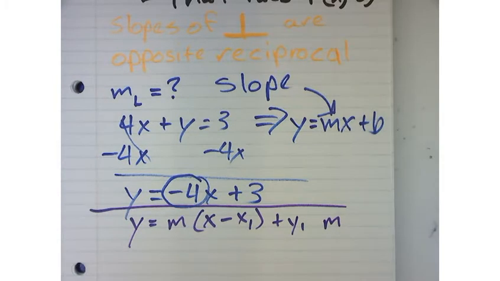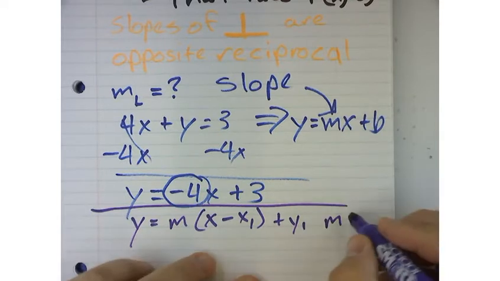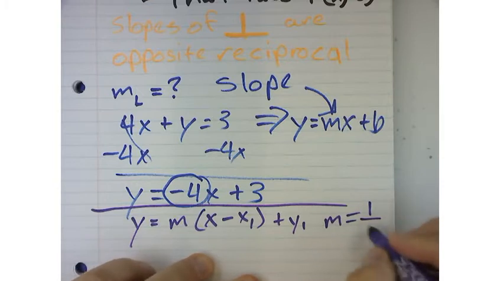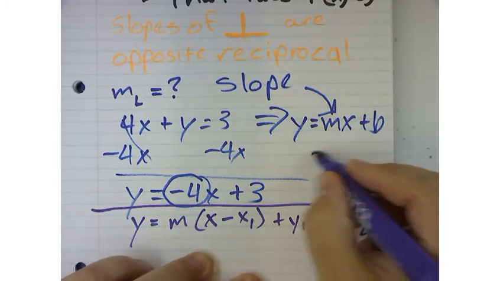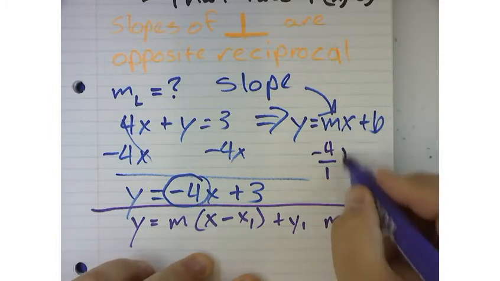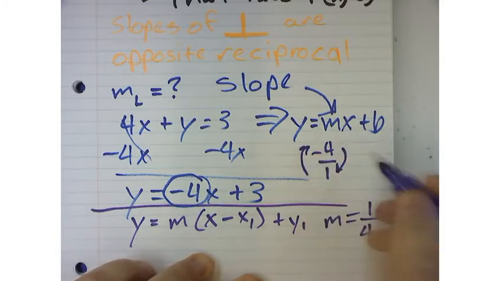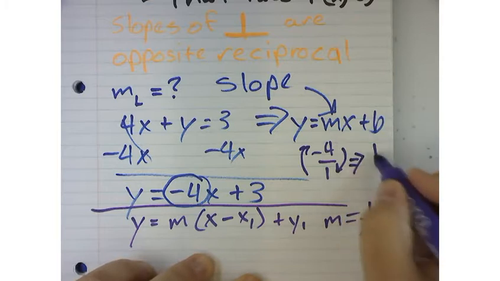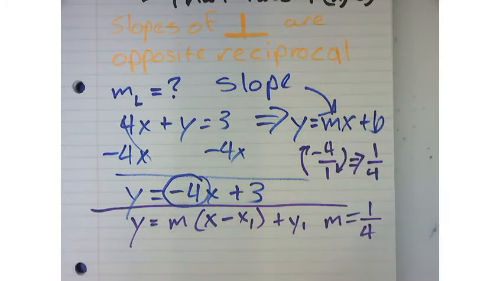So what's the opposite reciprocal of -4? Positive 1 over 4. If you can't remember, -4 is the same as -4 over 1. If I flip this, I get 1 over 4, and then the opposite of that would be positive.